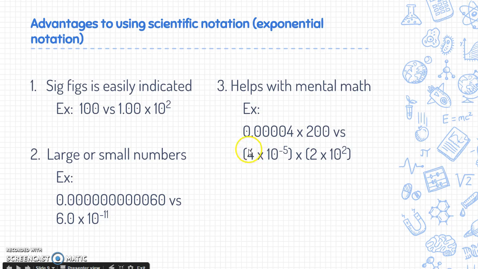And that is, in multiplying, you would multiply these numbers, the 4 and the 2, the coefficients, and you add your exponents, the negative 5 plus 2. So the answer to this question is 8 times 10 to the negative third.